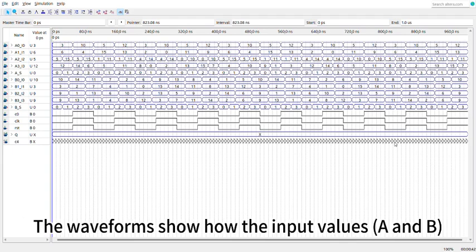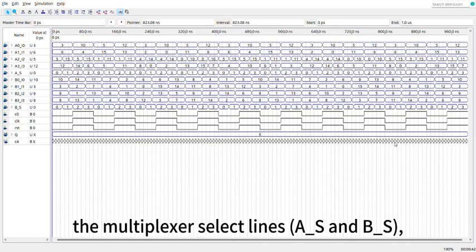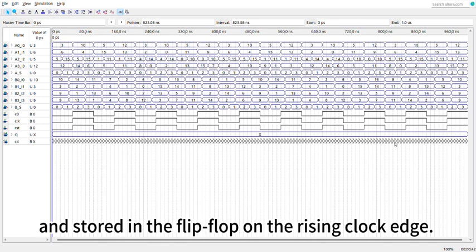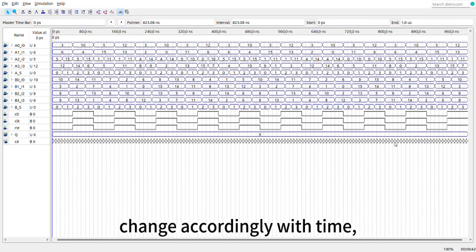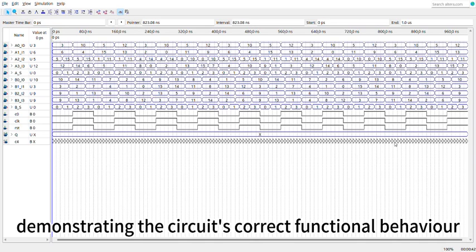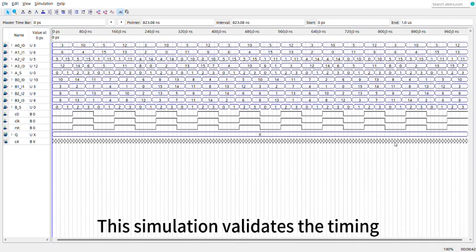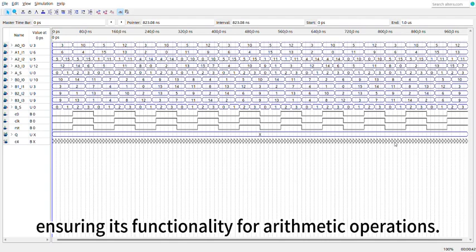The waveforms show how the input values A and B are dynamically selected based on the multiplexer select lines A selector and B selector, processed by the 4-bit adder and stored in the flip-flop on the rising clock edge. The resulting sum Q and carry out C4 values change accordingly with time, demonstrating the circuit's correct functional behavior over various input combinations. This simulation validates the timing and logical operation of the designed circuit, ensuring its functionality for arithmetic operations.